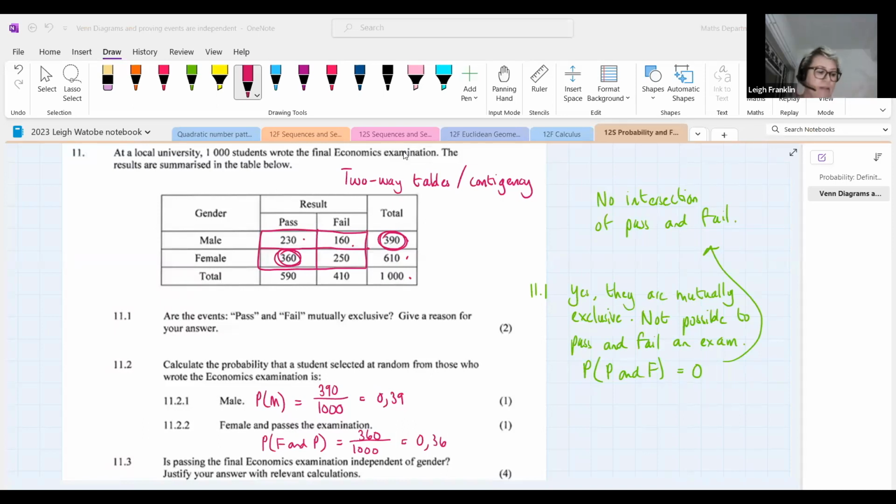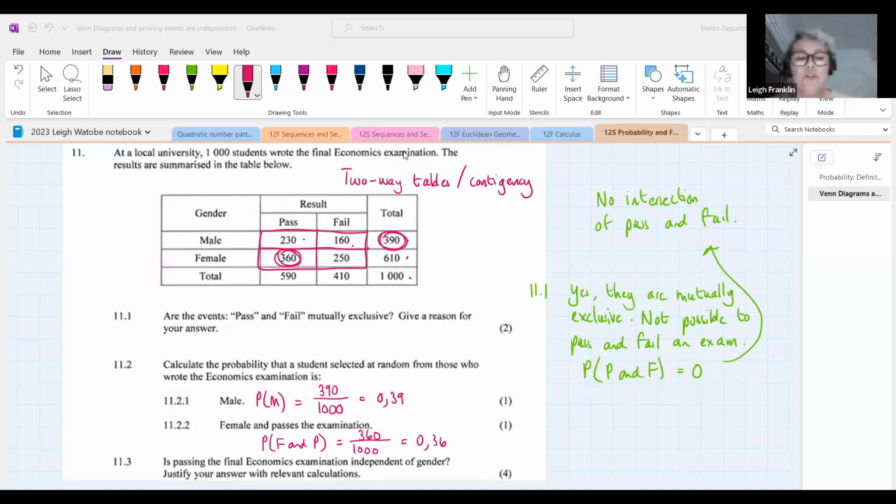You are welcome to unmute and speak. So, ma'am, if they're asking us to be gender specific, like if they want the answer 360 over 610, how would they phrase the question? So they would have to say female and pass. They would have to give you this way and this way in the table, because it's both at the same time.